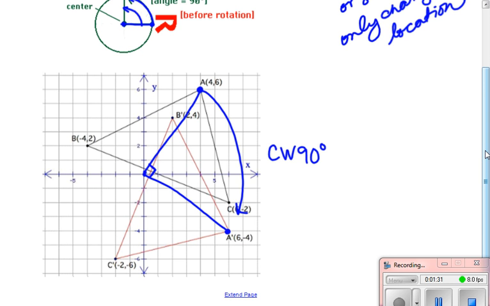And I could do that same from B to the origin to B prime, a 90-degree clockwise rotation. And from C to the origin to C prime, 90 degrees in the clockwise direction. So that's what it means to do a rotation.